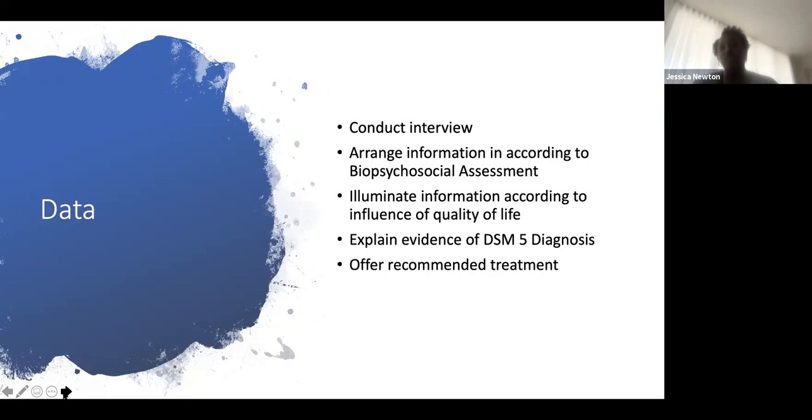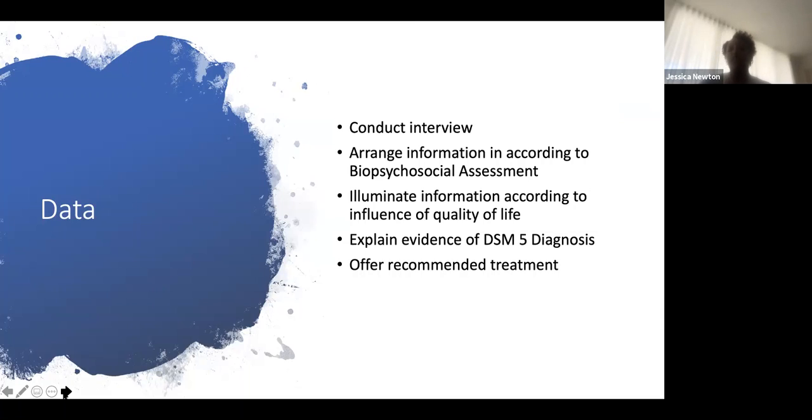In most cases, in a situation where insurance is involved, we would arrange that information in accordance to a biopsychosocial assessment, which looks at the biological factors, the psychological factors, and the social factors in the person's life. We illuminate the information that is influencing the person's quality of life.